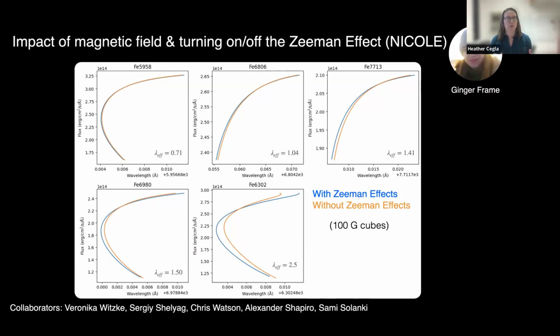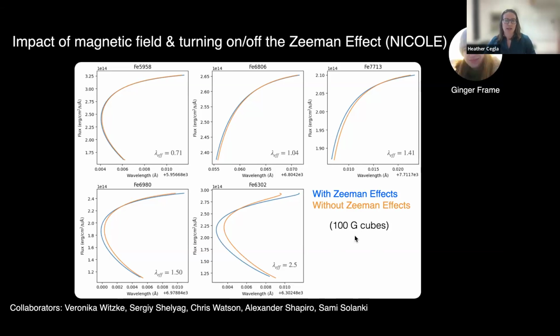So in order to do that, we wanted to answer the question: if we're comparing between hydrodynamical and small scale dynamo, is MPS Atlas going to be okay, even though it ignores the Zeeman effect? In this particular test, Ginger looked at an extreme case where the underlying magnetic field in the cube was 100 Gauss. So it's more magnetic than the small scale dynamo.